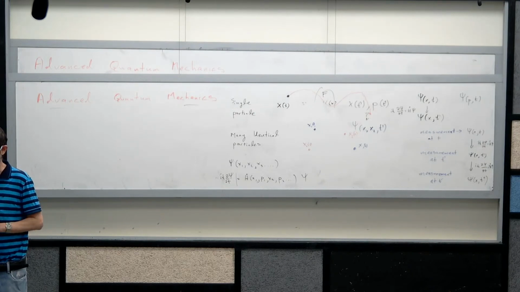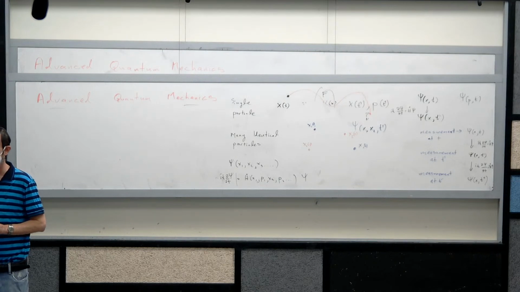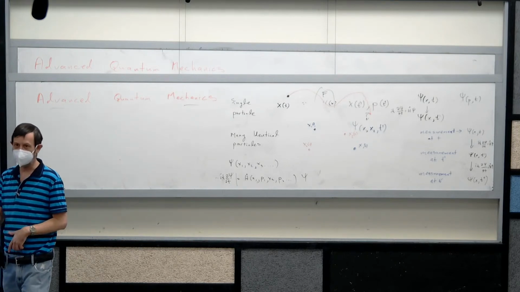People who paid a lot of attention in statistical mechanics have run into this problem. Does someone know what I'm talking about? It depends on the statistics of the particle. It's like Bose-Einstein. No, Bose-Einstein is already quantum statistical. Gibbs. Exactly.